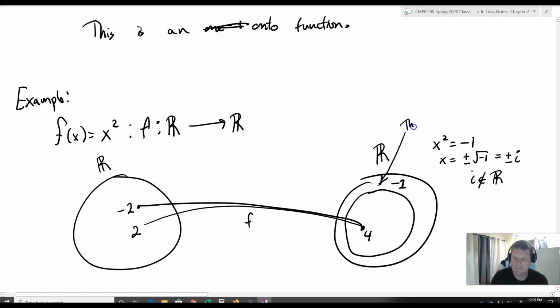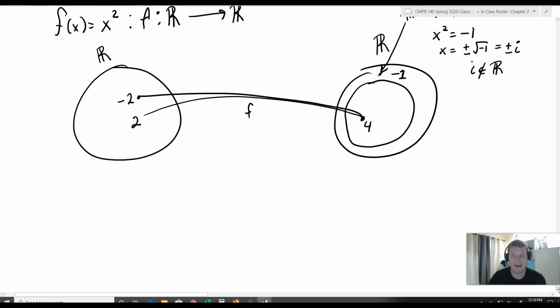So this value has no preimage in R, and so consequently, f of x equals x squared when going from R to R is in fact not onto.